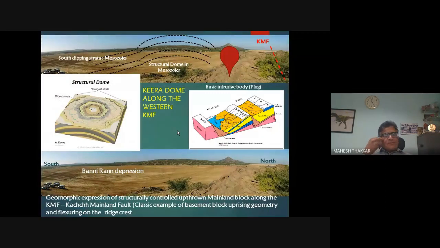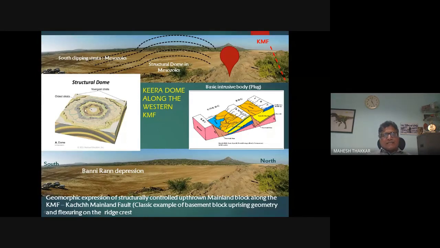This is one of the very interesting domes, and I think it is a world famous dome, Kira Dome, which is almost a circular dome. This particular figure is not exactly the Kira Dome, but if you zoom in on Google, I think you will see a similar figure.